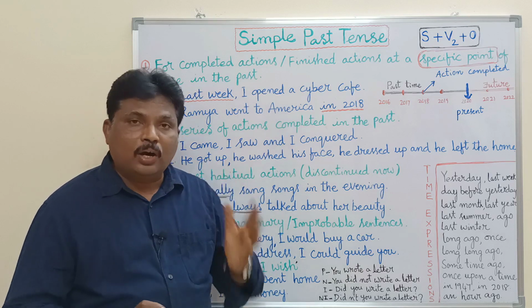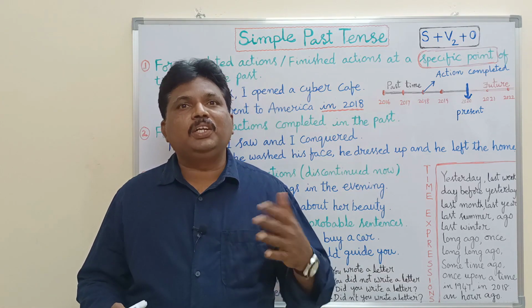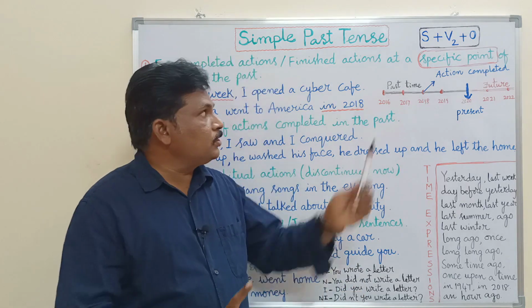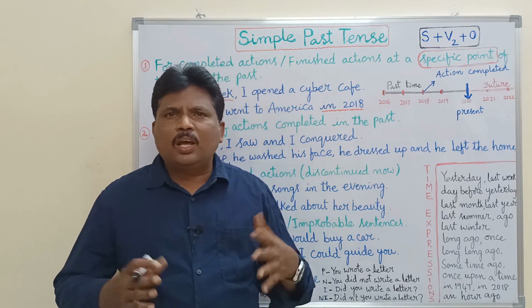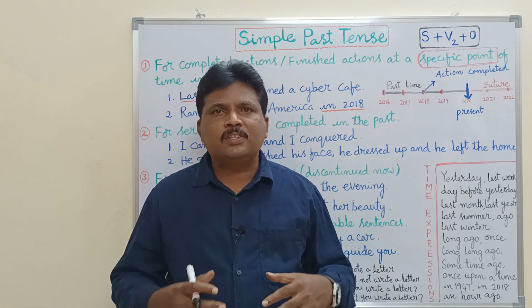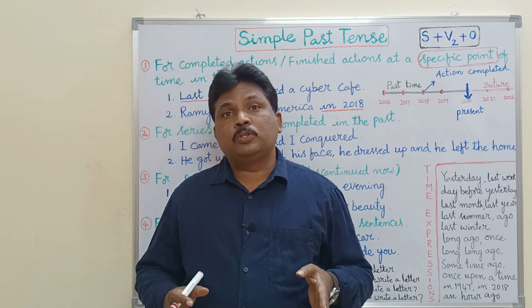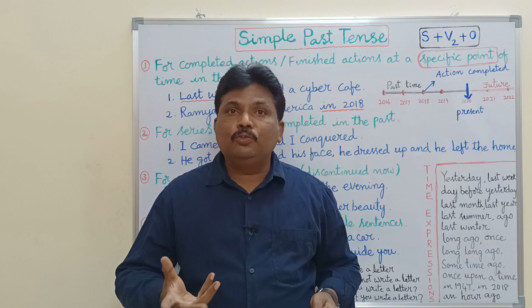But how to form a negative sentence, interrogative sentence, and a negative interrogative sentence? In this structure we find V2, that is the main verb. So there are no helping verbs. To form a negative sentence we need helping verbs. But in this structure we don't find a helping verb.